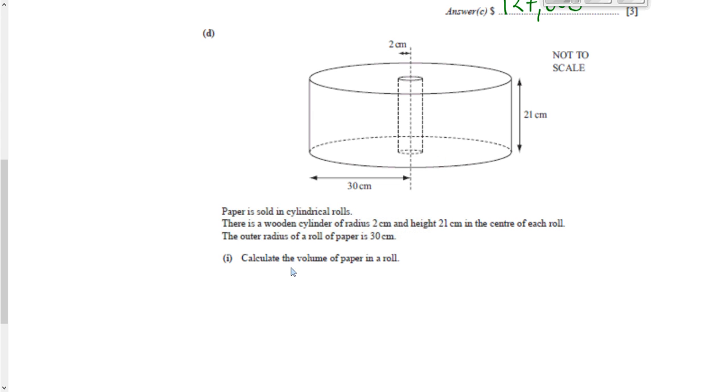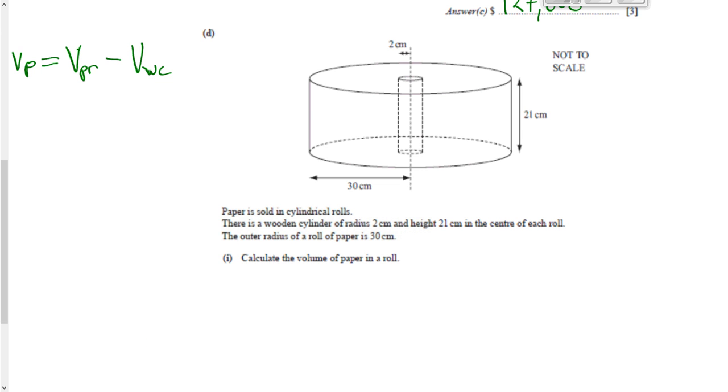So the volume of the paper will be equal to the total volume of the paper roll minus the volume of the wooden cylinder.